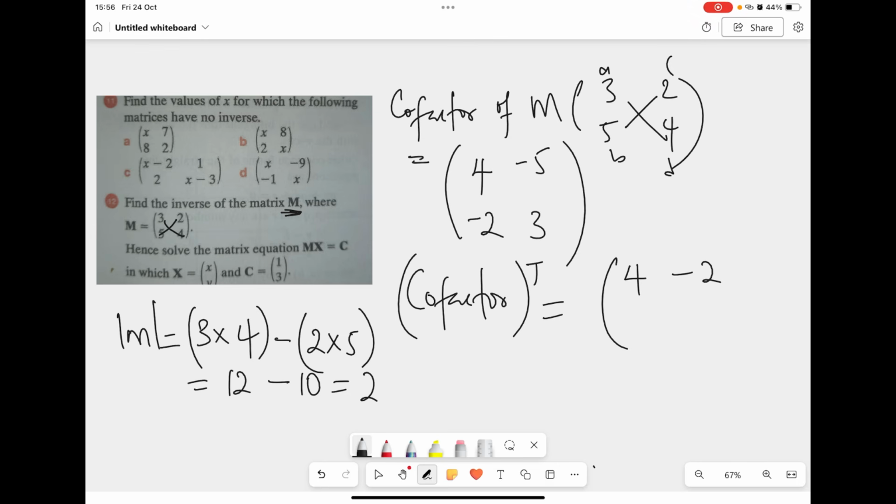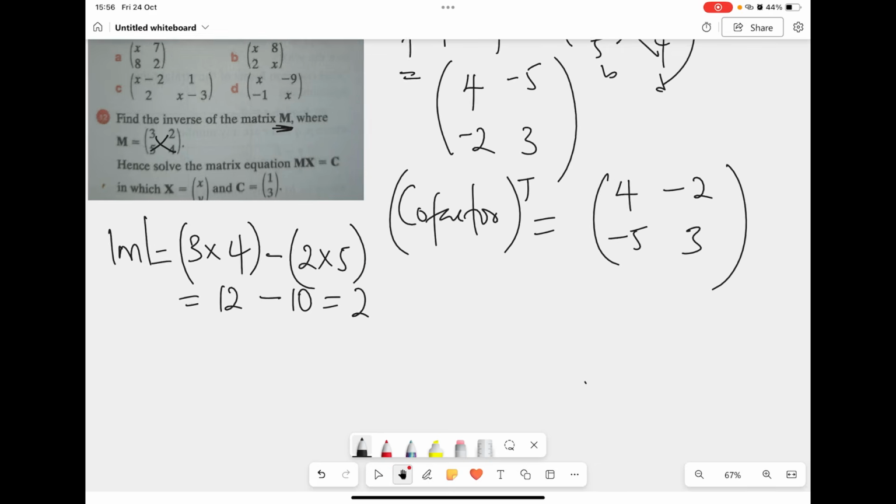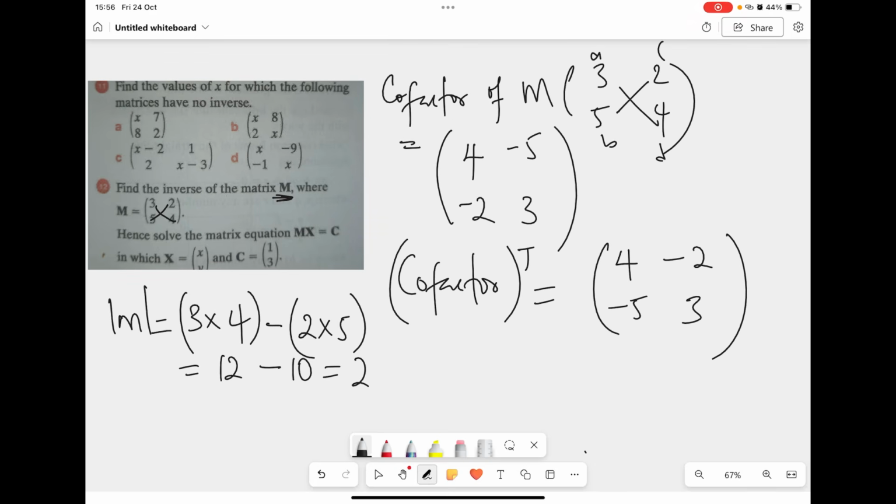Then I'll do the same to the other one, which is minus 5 and 3. Good. So that's the cofactor of my matrix. Now, sorry, that's the transpose. That's the transpose of the cofactor.